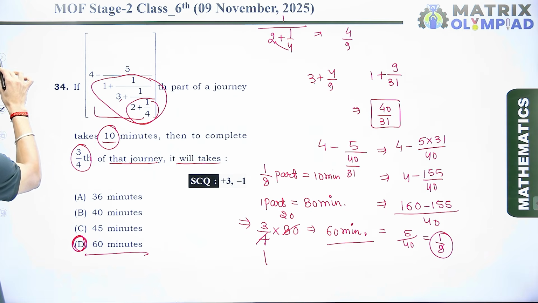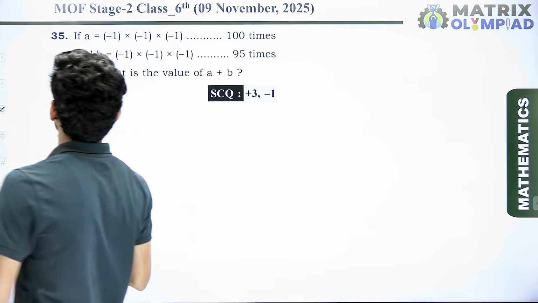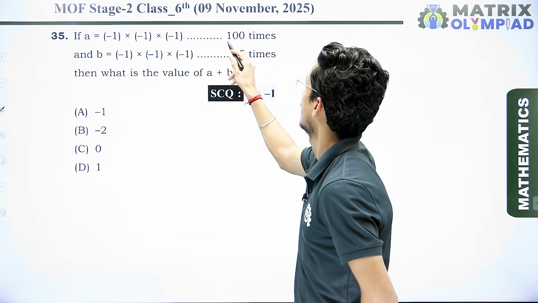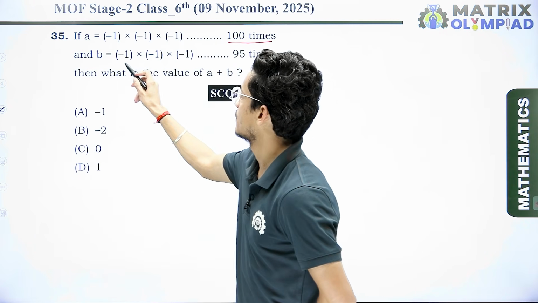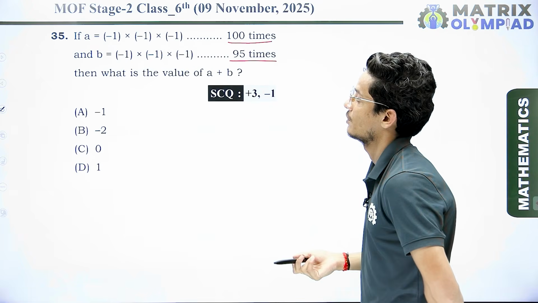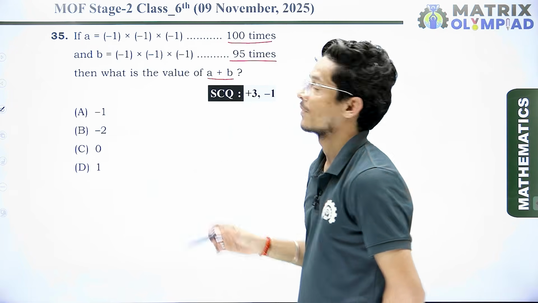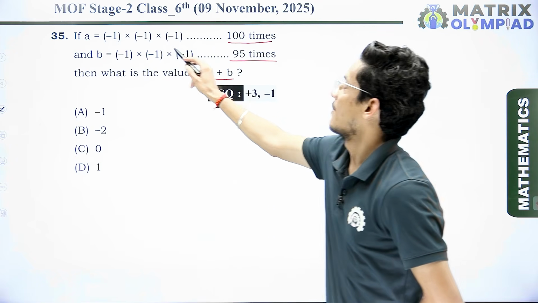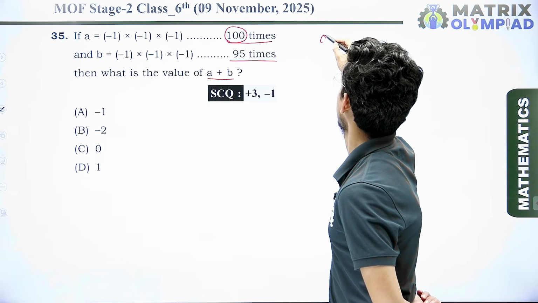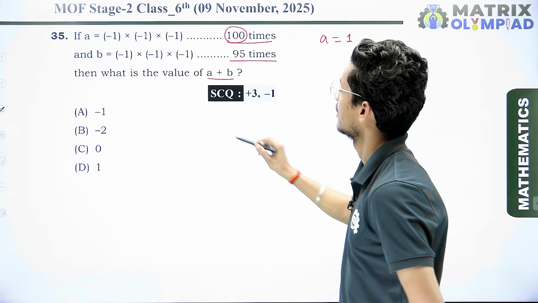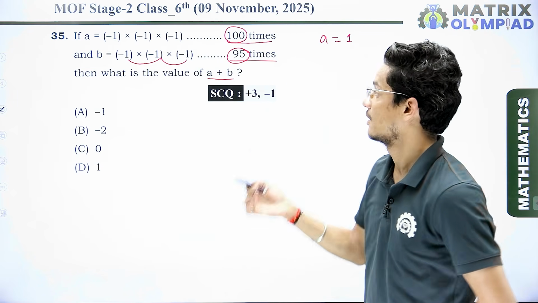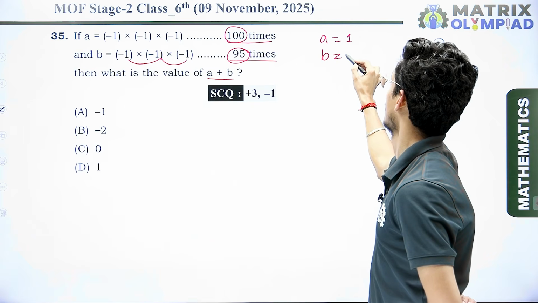Okay. So now if I talk about the next question, which is: if A is equal to -1 multiply -1 multiply -1 and so on 100 times, and B is equal to -1 multiply -1 multiply -1 and so on 95 times, we have to find the value of A plus B. Here we know -1 to an even number of multiples, so we can set the value of A is equal to +1, and -1 to an odd number of multiples, it means 95 times, so the value of B is equal to -1.